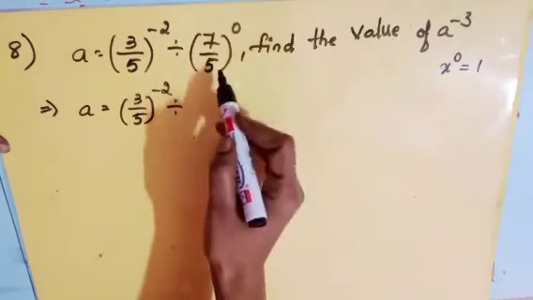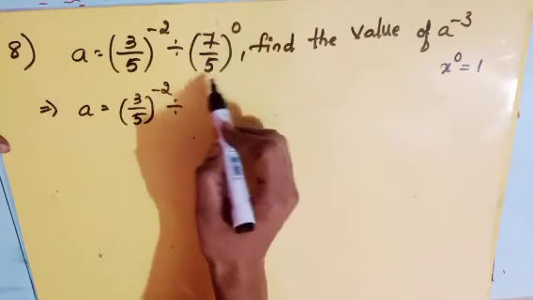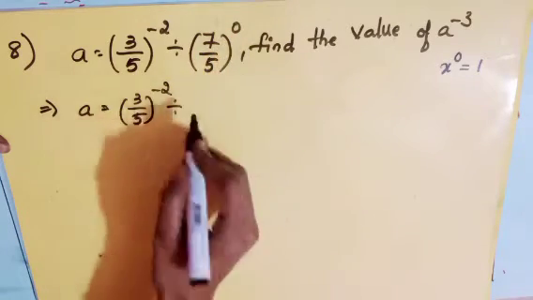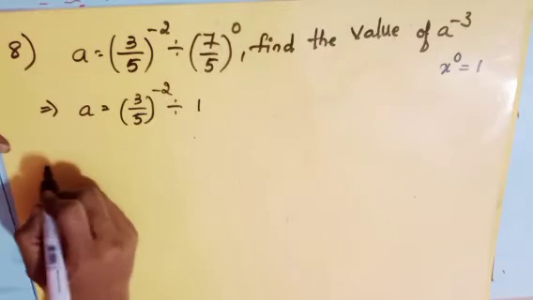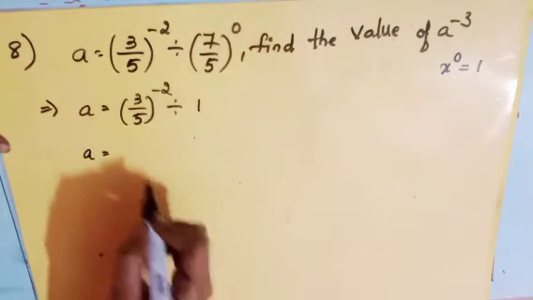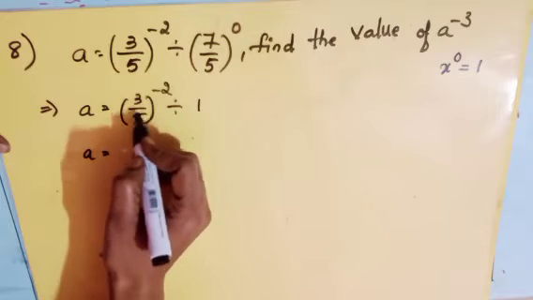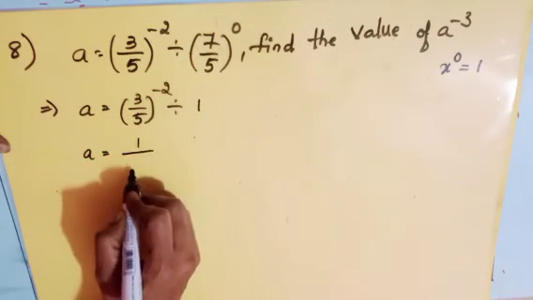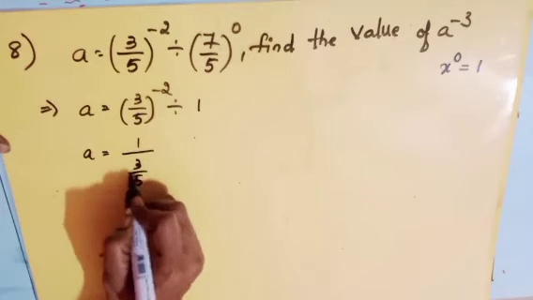So now here 7 by 5 whole to the power of 0 equals 1. Next, A equals, now 3 by 5 whole to the power of minus 2 can be written as 1 over 3 by 5 whole to the power of 2.